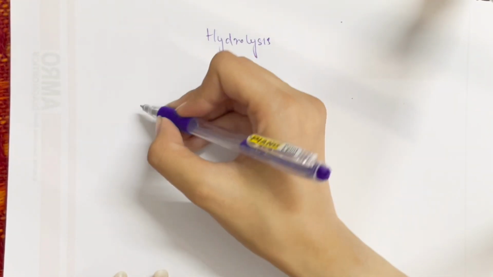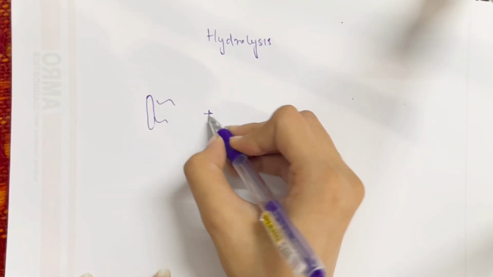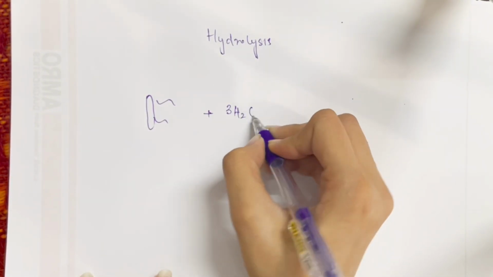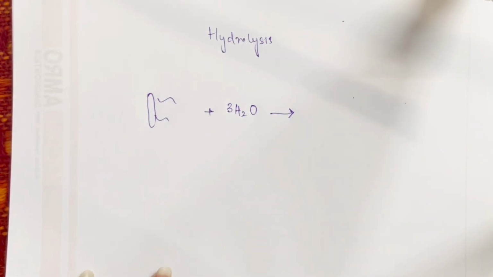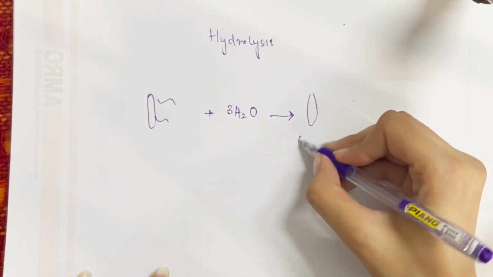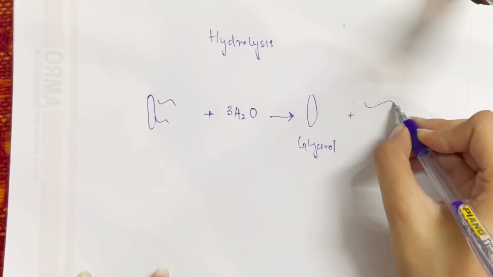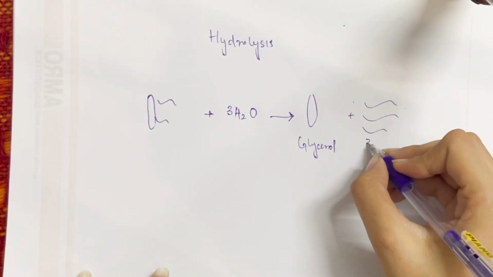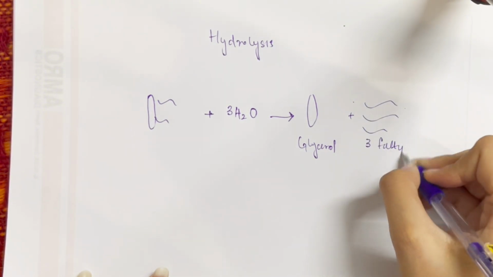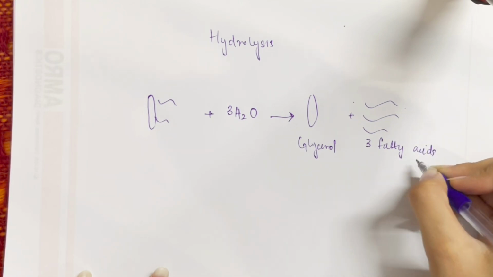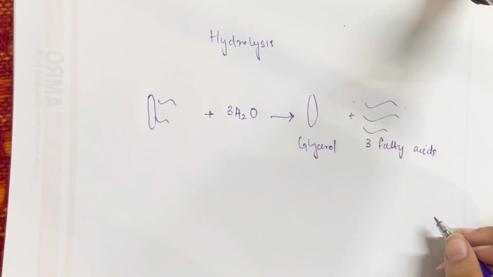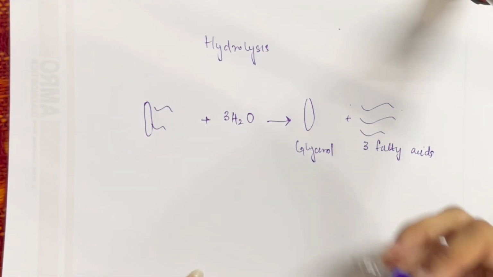Suppose this is a fat molecule that involves three molecules of water and gives us one glycerol molecule. This is a glycerol molecule and the three fatty acids. Fatty acids and glycerols are the minor products, the monomers that make up the fats or the lipids themselves.